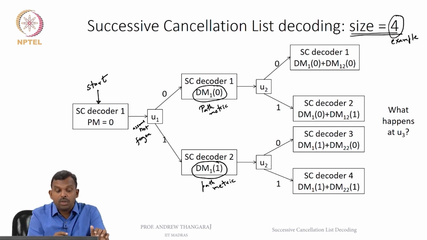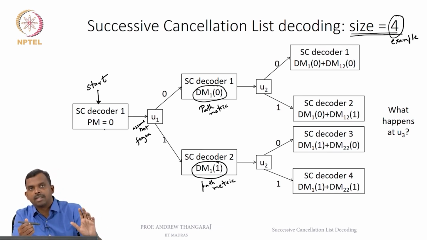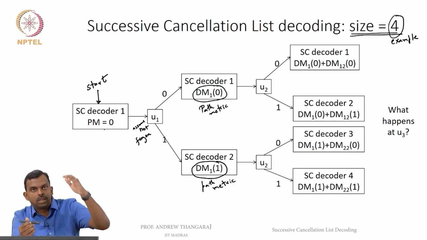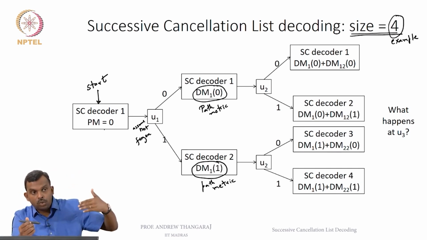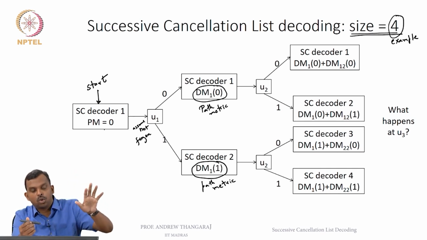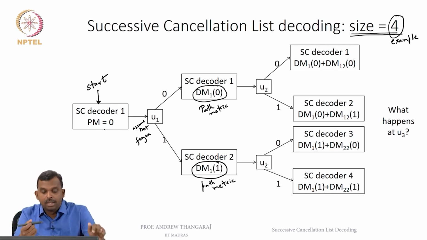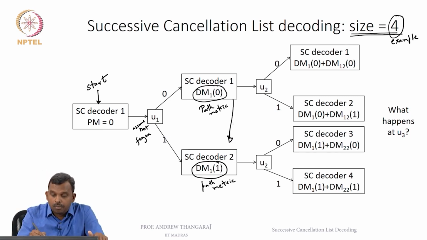Initially you had only one decoder. Remember, every decoder costs you memory and storage. Every decoder has a state. You have to store all those L values, the beliefs that are flowing in, and the U cap values that are flowing back, and the states. You have to store all of them, and when you make a copy of this decoder, you have to copy all that information, up to that point.